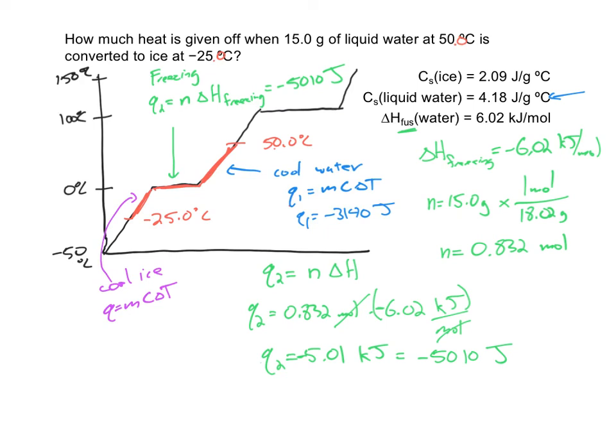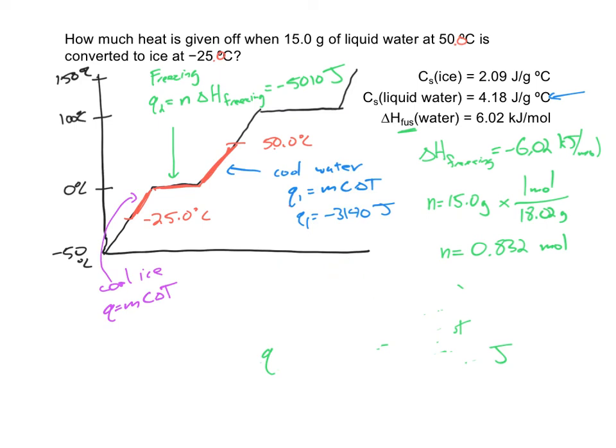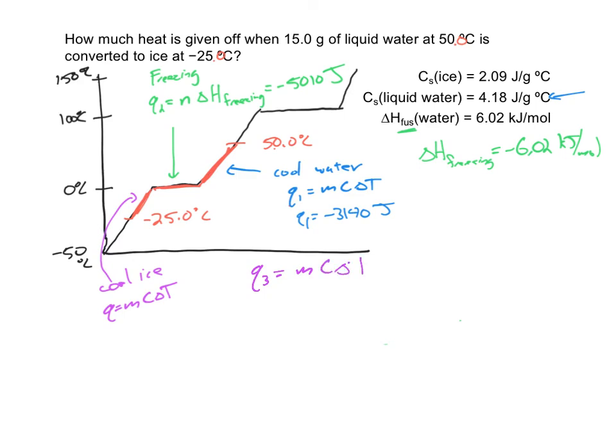Okay, so we have one piece left. We need to get Q3. So again, I'm going to erase some of this to give us some more room. All right, so now Q3, we're back to using mc delta T. And be sure I use the correct heat capacity.